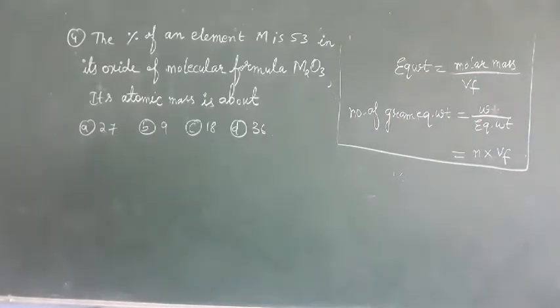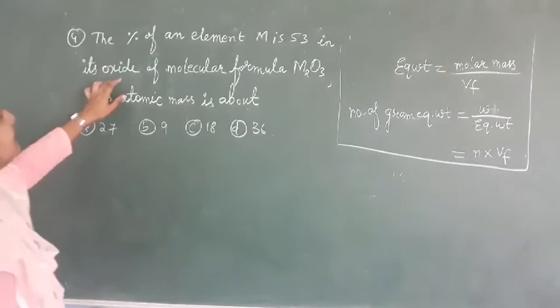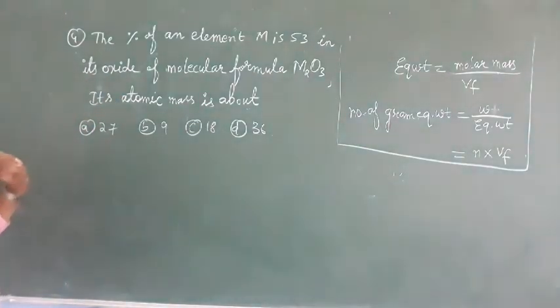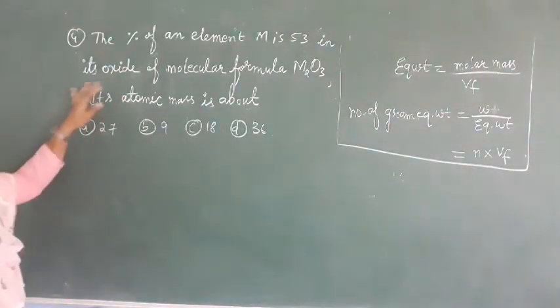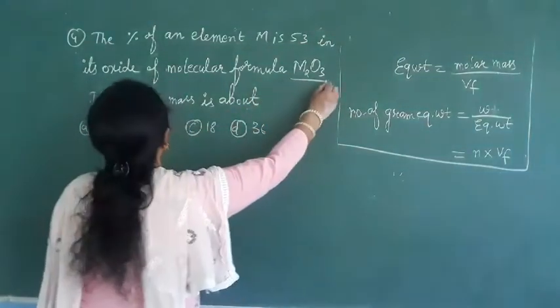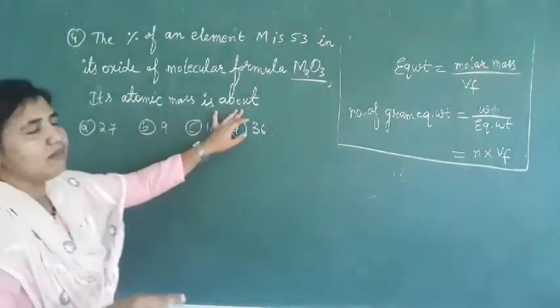Okay, next question. The percentage of an element M is 53 in its oxide of molecular formula M2O3. Its atomic mass is about how much?